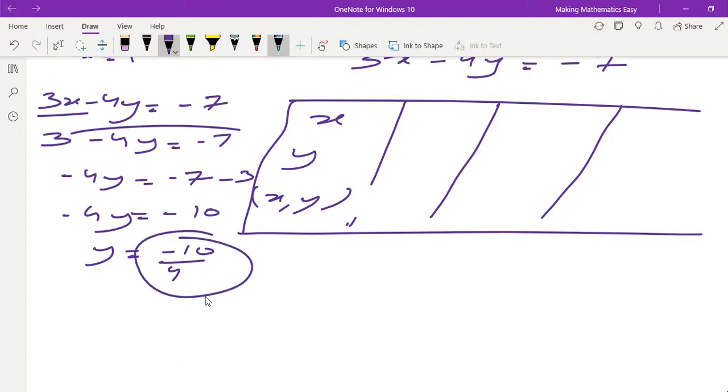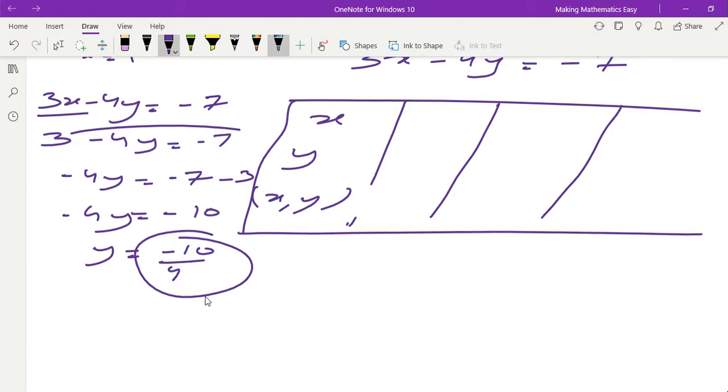Now if you see, this number is not divisible. This is a fraction, and not totally divisible, so the answer that you will get will be in decimal point, and we have to avoid this.